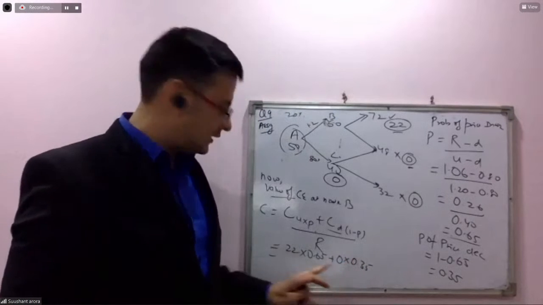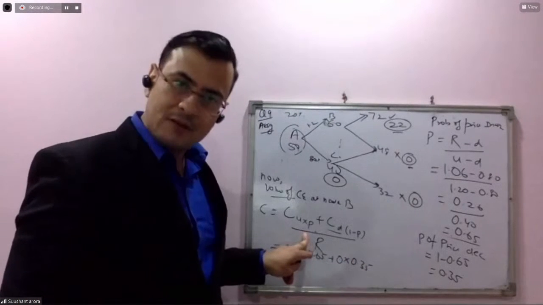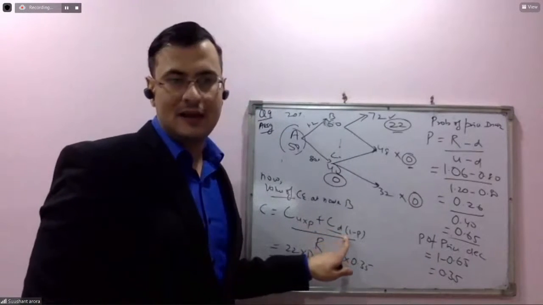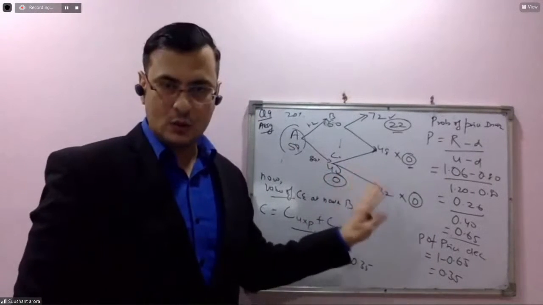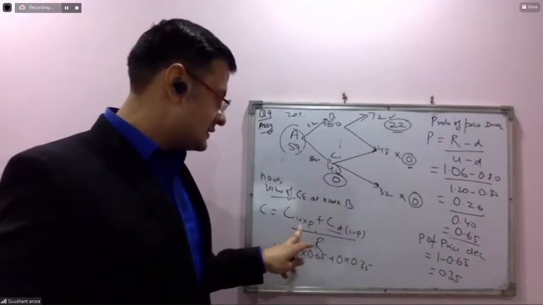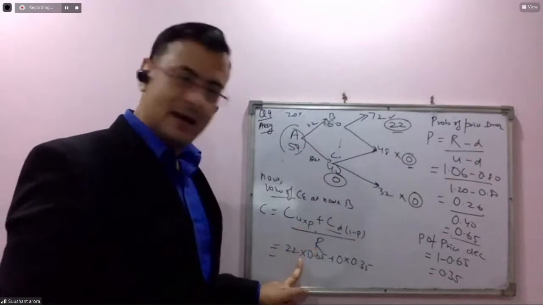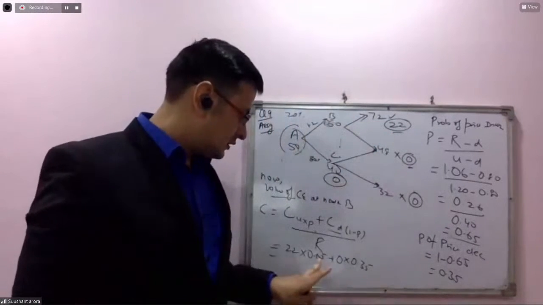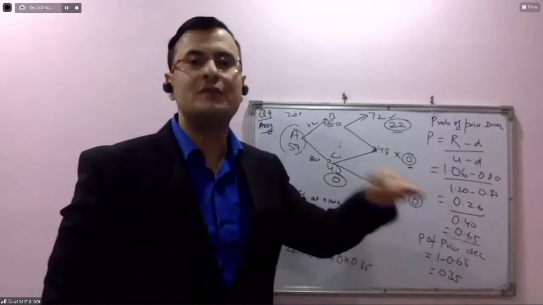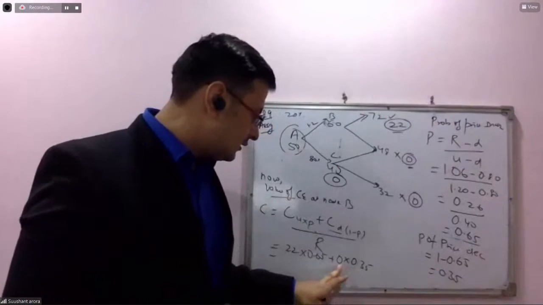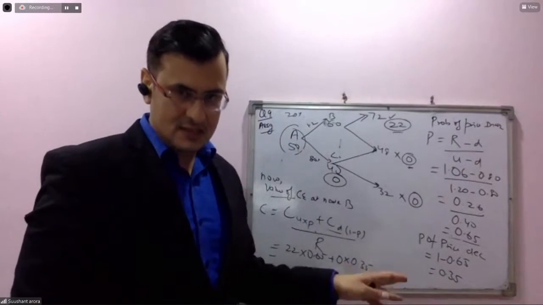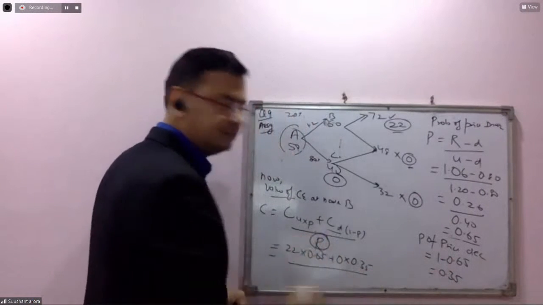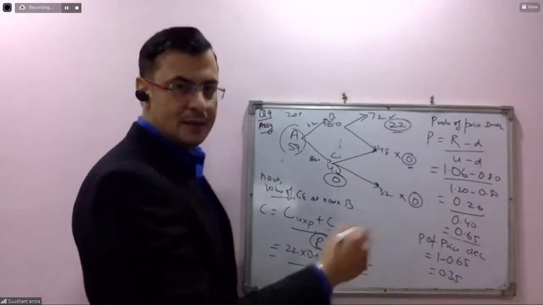In case of a call option, you will be exercising only the upper value, and in case of a put option, you will be exercising only the lower value. But for the question that we are doing, this is the upper value where we exercise the call option and make money of 22, having a probability of 65% of the increase in the prices, and we will not be exercising the other one, which is 0 multiplied by 0.35, divided by R. R is 6%, as the examiner has given us.